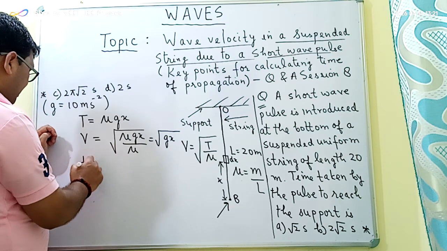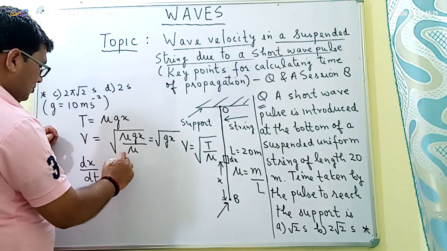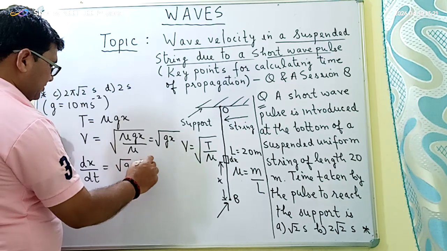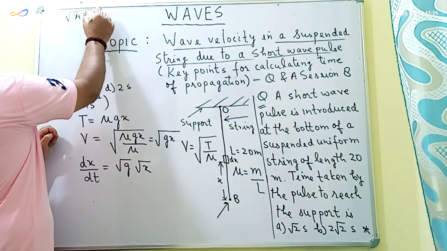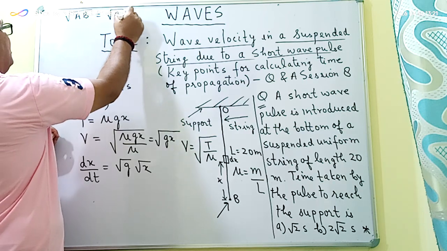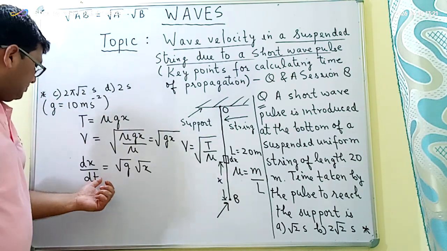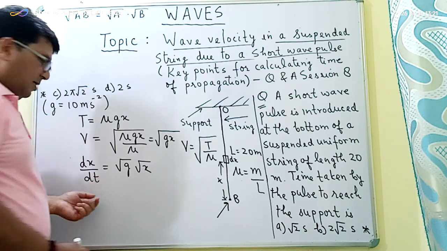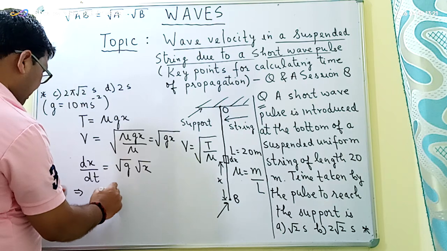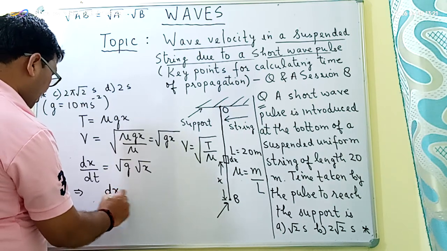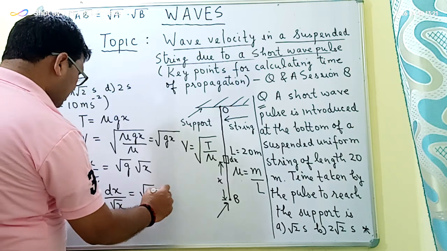Now v can be written as dx upon dt. This is equal to root g into root x, because we know that root of a into b is equal to root a into root b. Now I will be rearranging the terms of this equation and finally I will get dx upon root x equal to root g into dt.